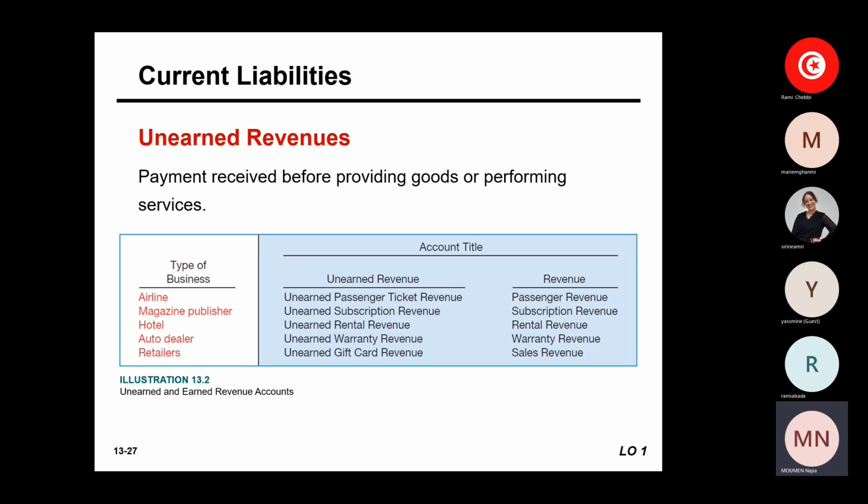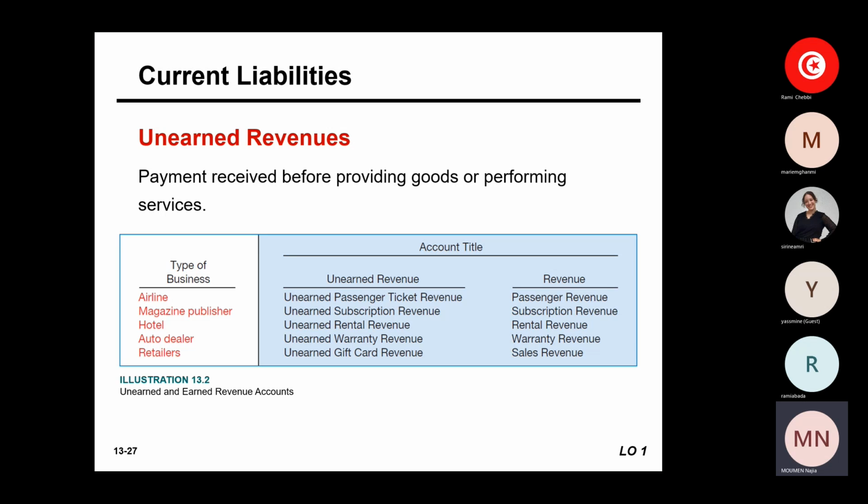Here, when we talk about unearned revenues, this is when you collect money from customers before you perform a service or sell goods. That's what we qualify as unearned revenues. For example, you are an airline company and you book a place on a flight.